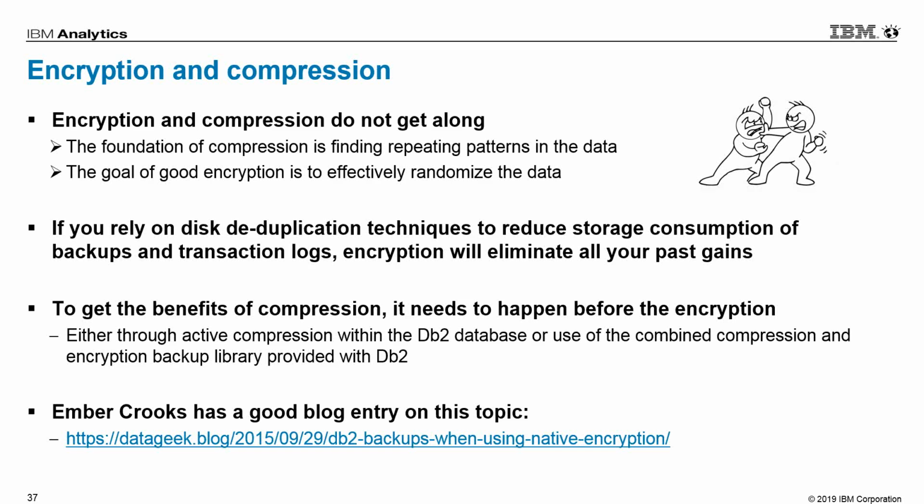So the data is compressed in DB2, and then the compressed data is written to disk, and that's what gets encrypted. So that's one way to reduce the transaction log and the actual physical size of the database and the backup. The other way is there is a combination log library provided that does compression and then does encryption as part of the backup support.